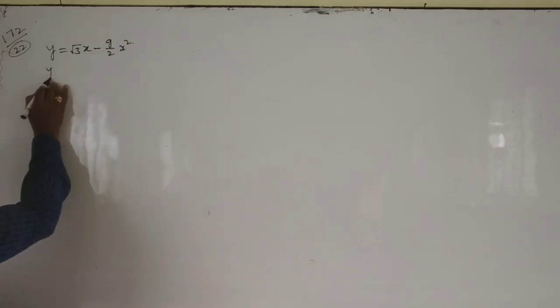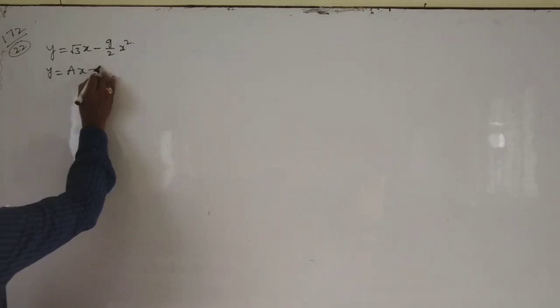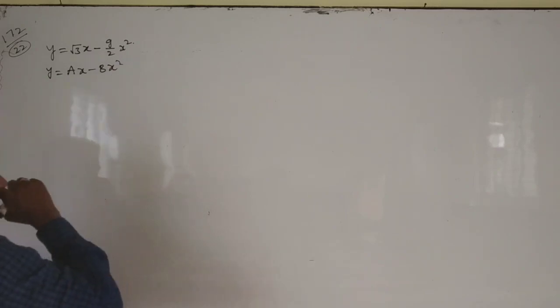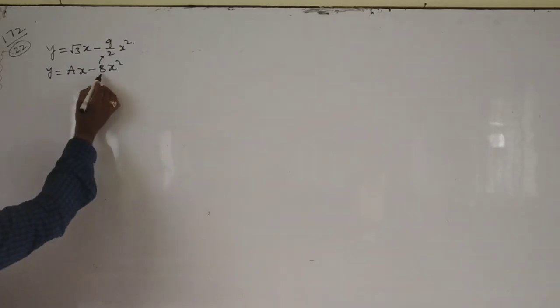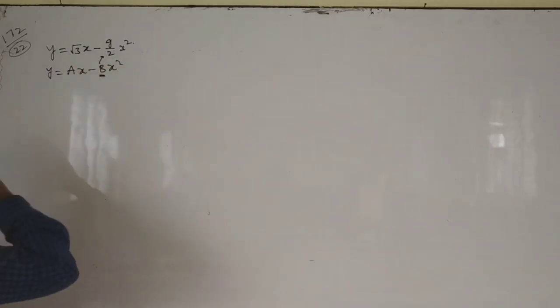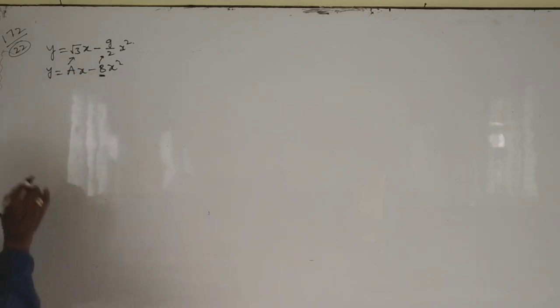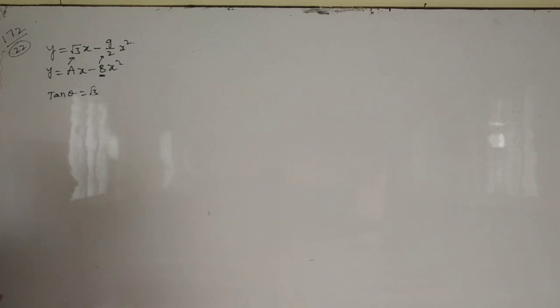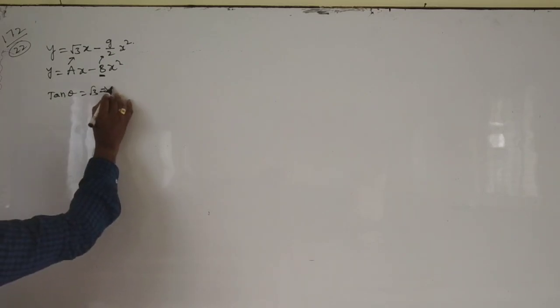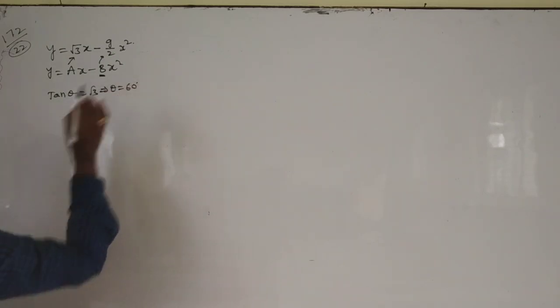This equation is like y equal to ax minus bx square. For initial speed there are shortcut formulas, so we can find the initial speed by comparing. In a place, we have tan theta equal to root 3. So theta equal to 60 degrees.